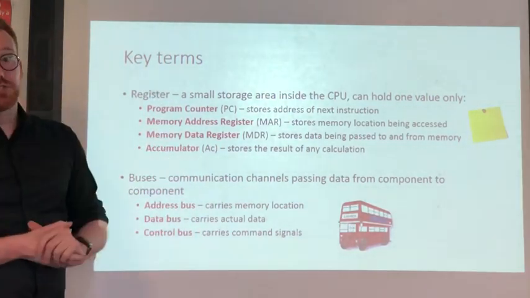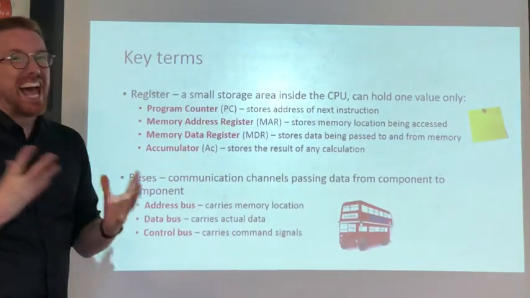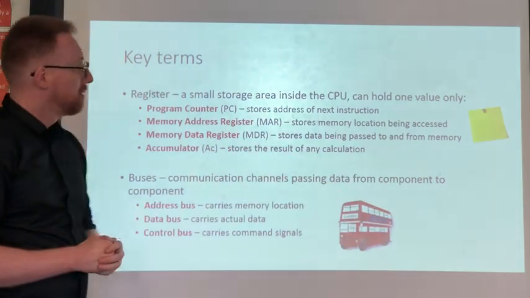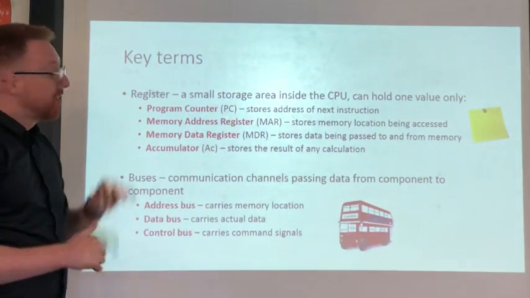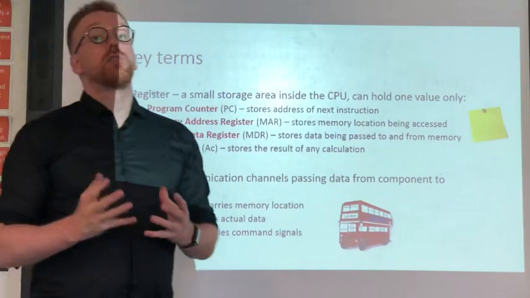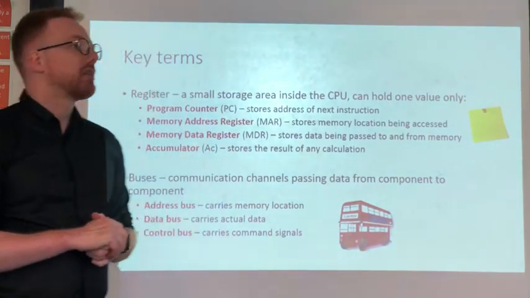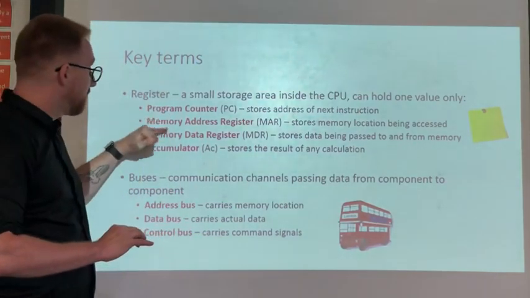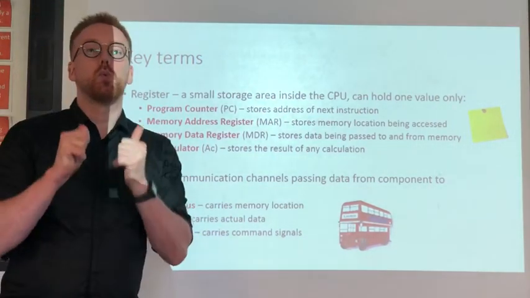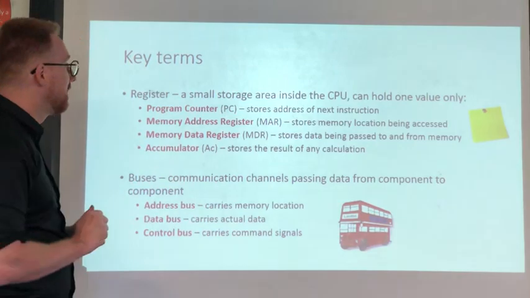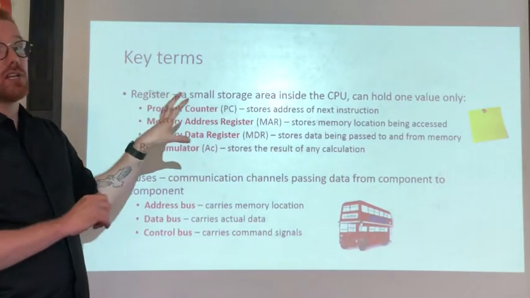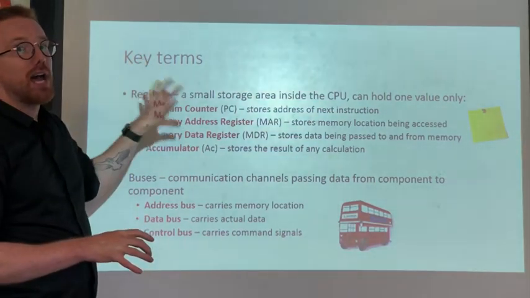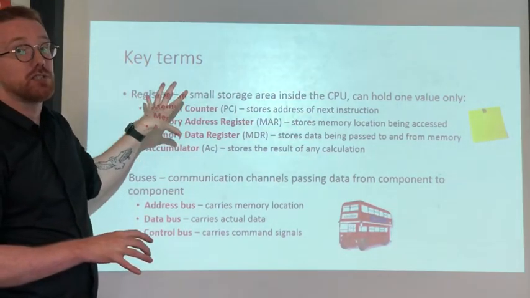The memory data register is going to store the actual data that we're passing to and from memory. And the accumulator will store the result of any calculations that we carry out. But it's important to remember that each of these registers can only hold one value at a time. But because they're inside the CPU, we can get very, very quick access to what's inside these registers.